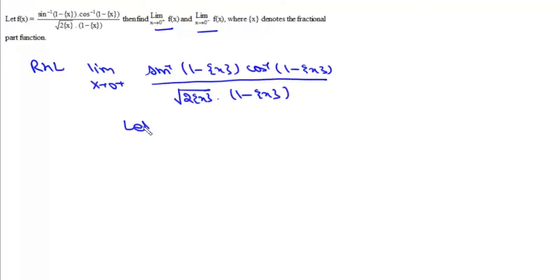Now what we'll do is we'll let x as 0 plus h, and we also know that the fractional part of h is simply h.